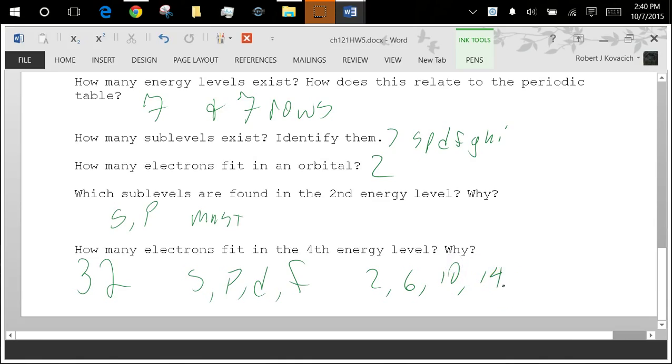We good with that? And so that gives us 32. The reason is that the 4th energy level has 4 sublevels in it, and each of those sublevels could hold that many electrons. So you could fit 32 electrons in that 4th energy level. All right, that's it.